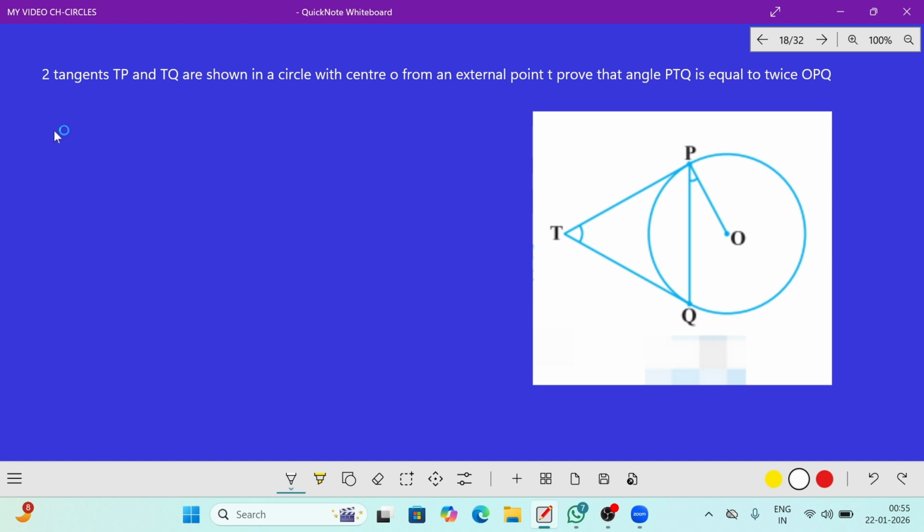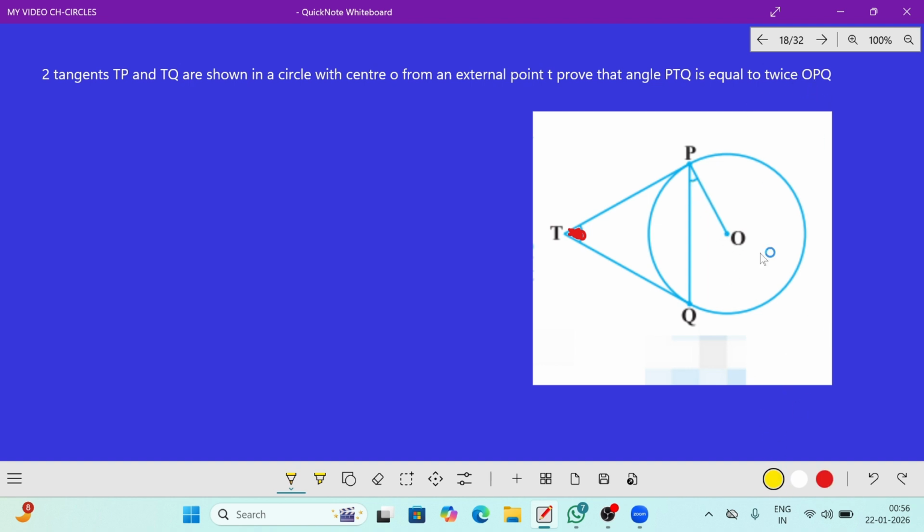Next question. Two tangents are drawn here. TP and TQ are the two tangents from an external point T, with center O. Prove that angle PTQ is equal to twice angle OPQ.